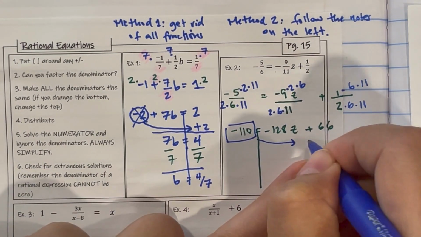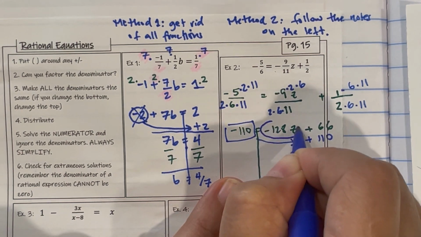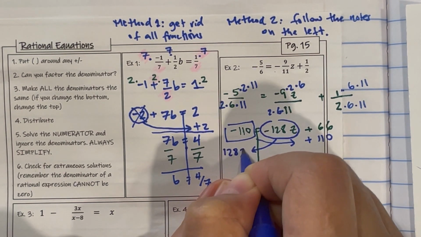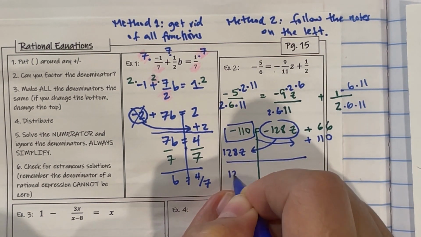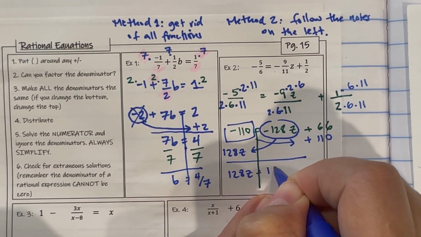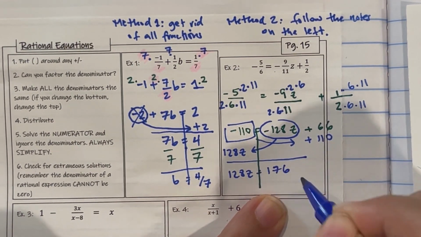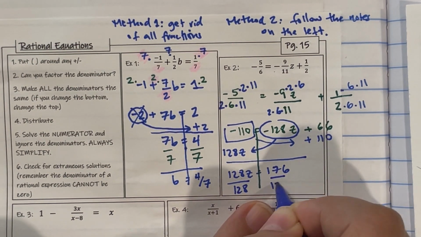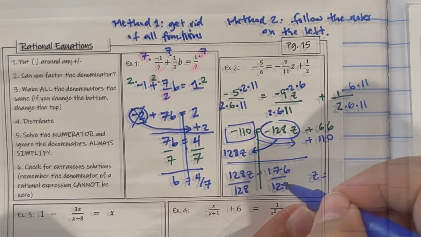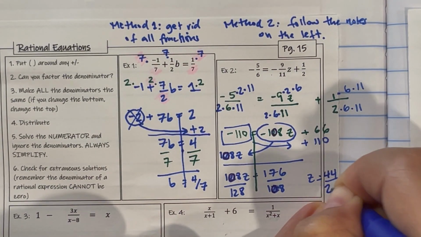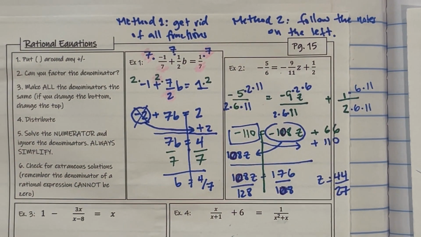We're going to take negative 110 to the other side. The negative is going to become a positive. And again, it's 108z. So we're going to have 108z is equal to, and combining 66 plus 110, you're going to get 176. Divide both sides by 108. So you're going to get z is equal to 44 over 27 simplified.